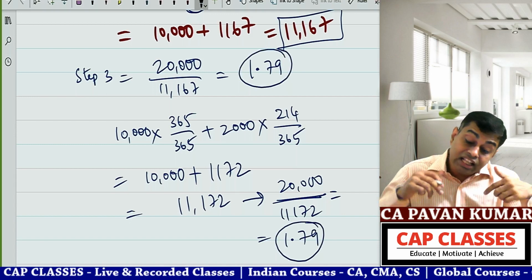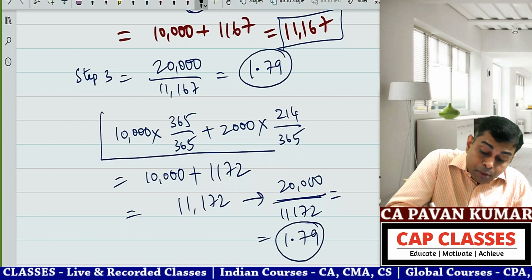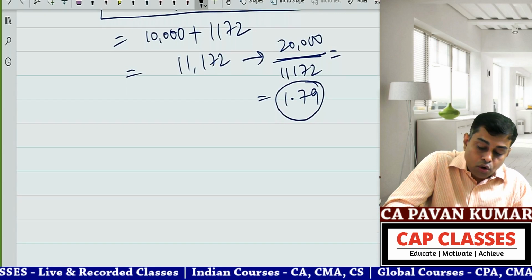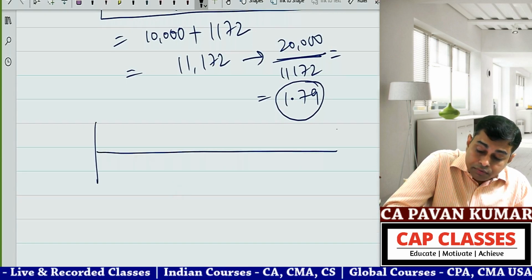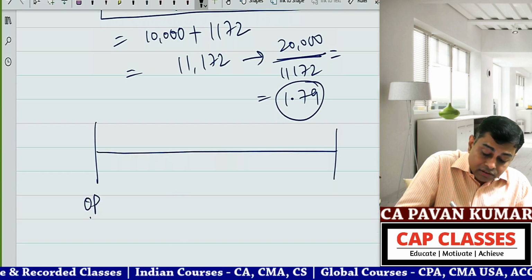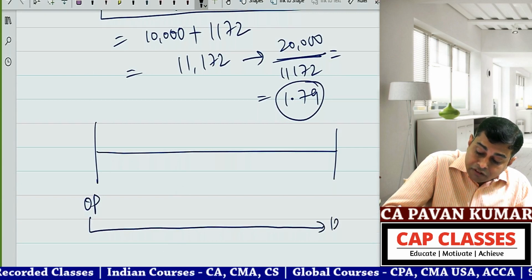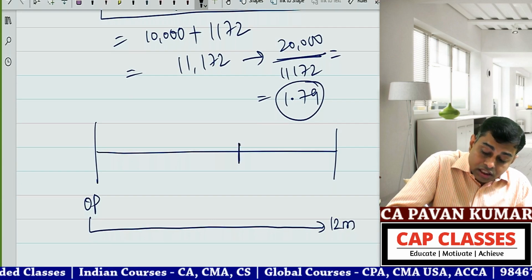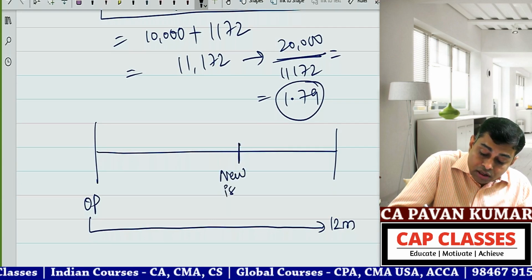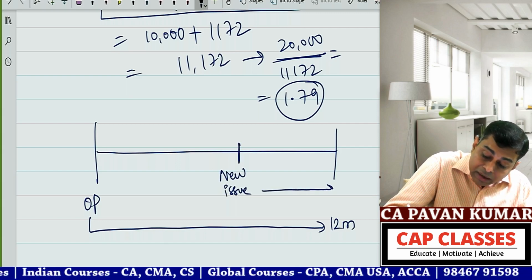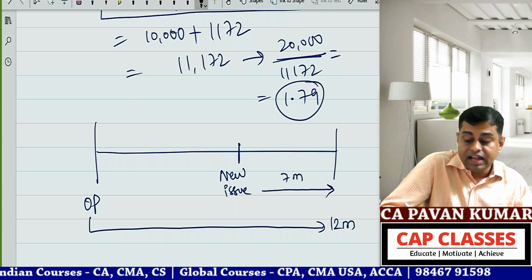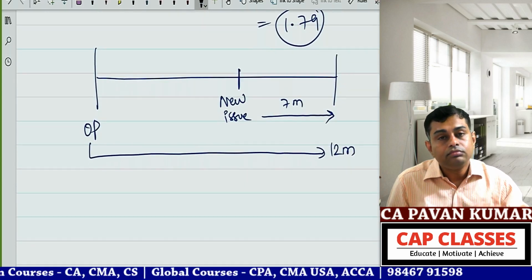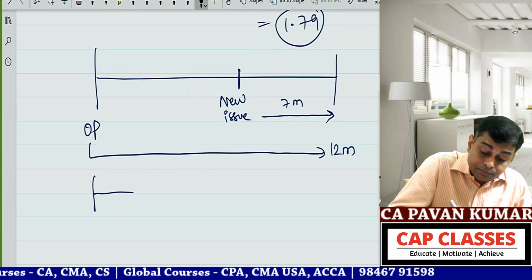And there is another way of calculating this number also. So what we have done, this is opening we took for 12 months. This is new issue we took for remaining 7 months. Like this I have done. Okay, or there is another way.